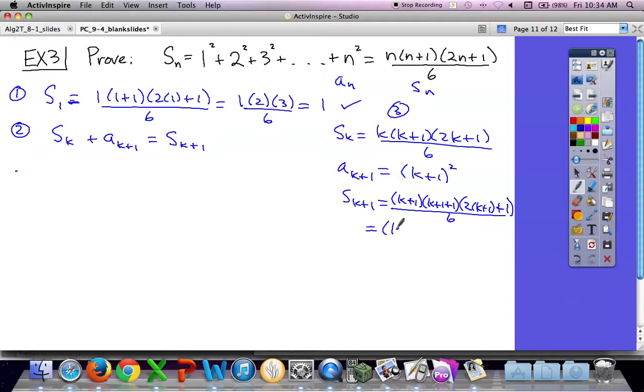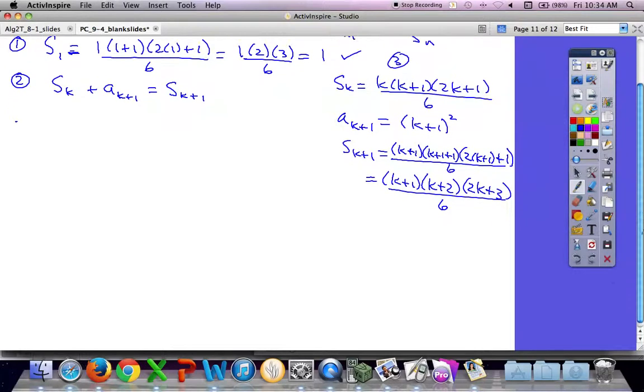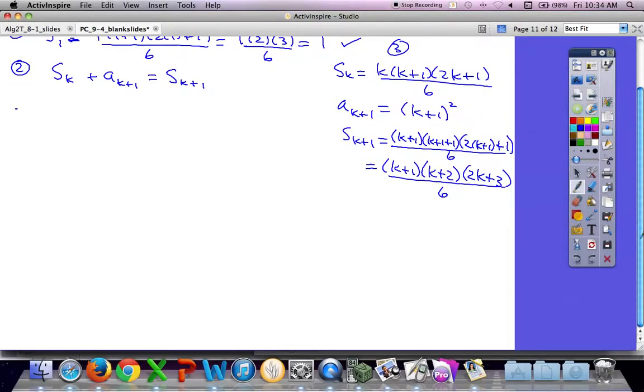That is k plus 1 times k plus 2 times 2k plus 2 plus 1, which is 2k plus 3, over 6. That was step 3. Make all these things so that you can come back over here and substitute for sk, ak plus 1, and sk plus 1. 2 times k plus 1 is 2k plus 2 plus 1 is 2k plus 3.